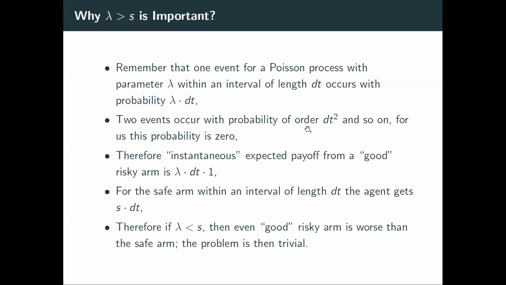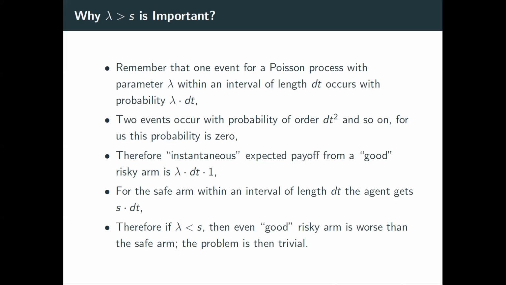Therefore, when you consider which arm to use, the safe arm or the risky arm, for the safe arm it's quite straightforward. If I use it for a time length of dt, then my aggregate payoff for using it in this interval will be exactly S times dt.